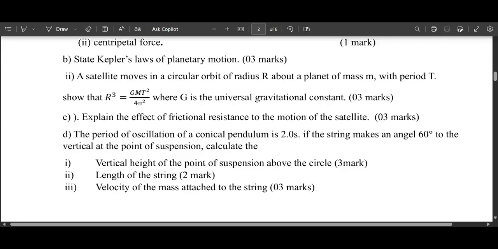And for this case here, our small m is going to cancel out. So we have GM divided by r cubed equal to omega squared. But our omega is the same as 2 pi divided by T. Then we come and substitute here.